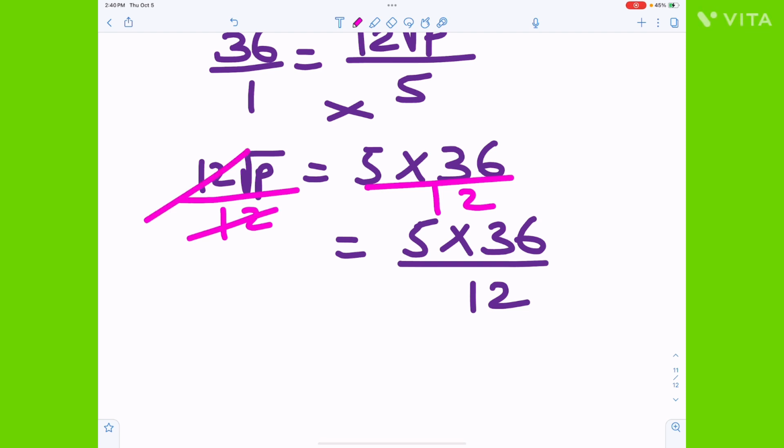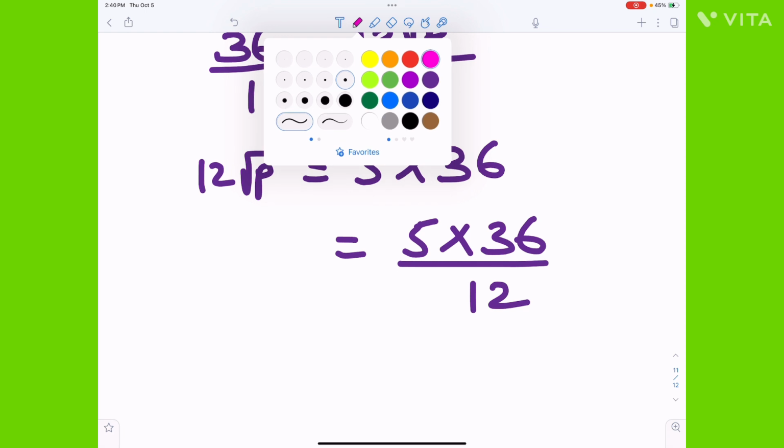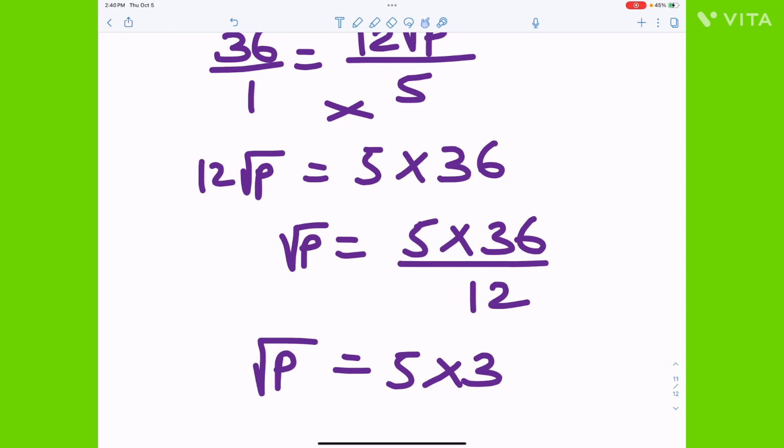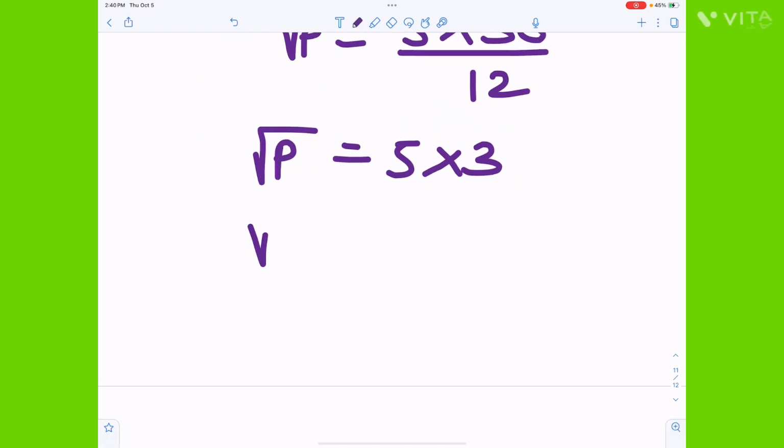So the only thing I will see on the left hand side will just be root P. So that gives me root P is 5 times 3, because 12 in 36 is 3. So I get root P is 15.